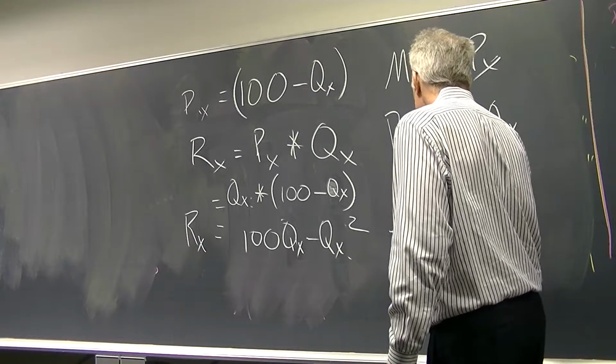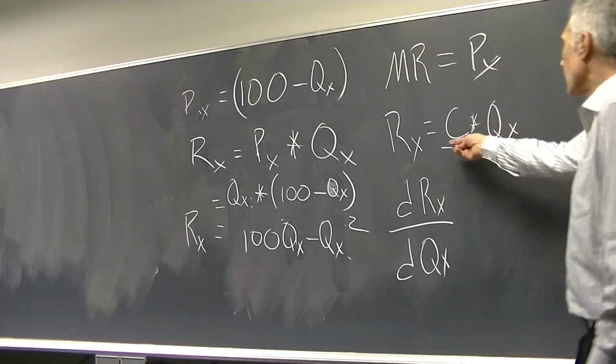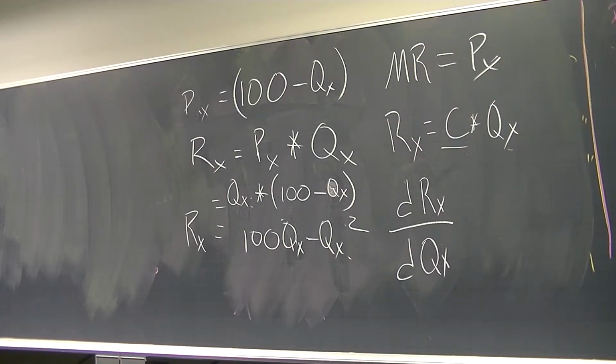How does our revenue change with quantity? When it's C times QX, what's the derivative of that?